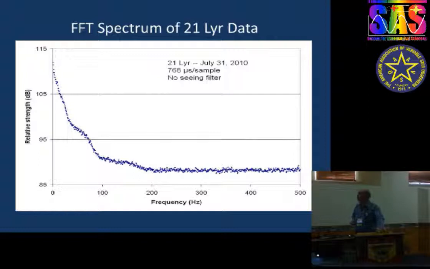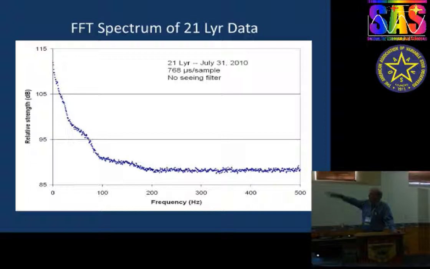This shows the same data resampled at 768 microseconds per sample. Again, this is a power spectrum, so this is power in dB on the vertical axis and frequency up to 500 hertz on the horizontal axis. What we expect to see is the power going up just from the atmospheric effects, because this is a constant star as far as we know.